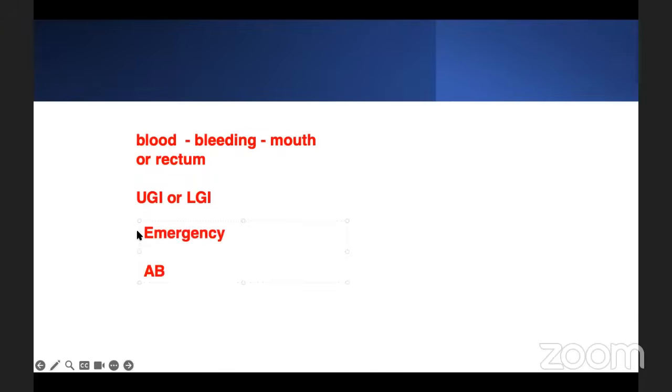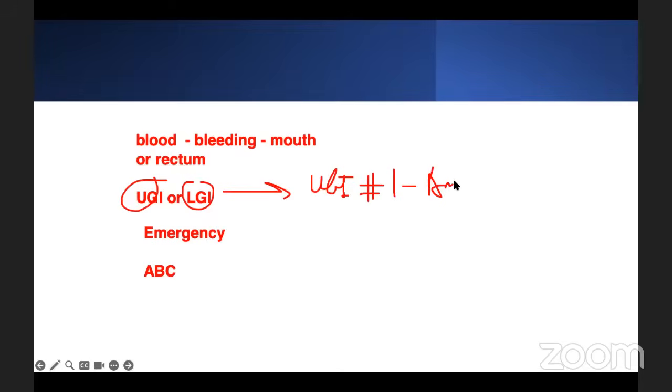And therefore you do your ABC as usual. I don't like it, but I want to say it. It's airway, breathing. When they present the case with somebody with upper GI bleed or lower GI bleed, especially the upper GI, your number one is airway.